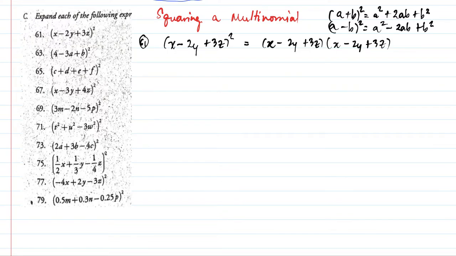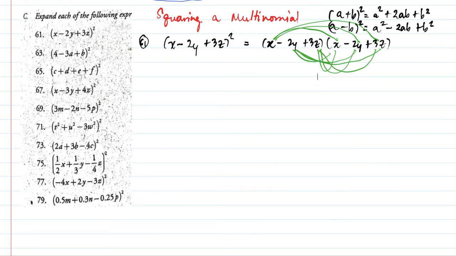So what happens there is we distribute one by one. Multiply this here, this there, and then 3z there. And then there will be plenty of products that you will combine like terms.